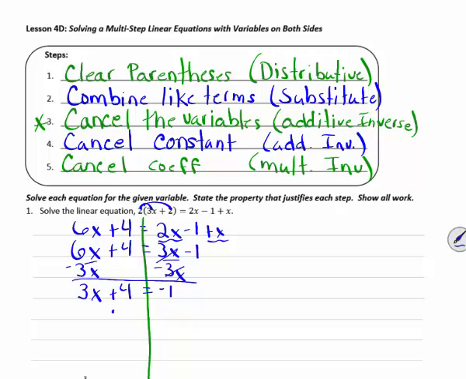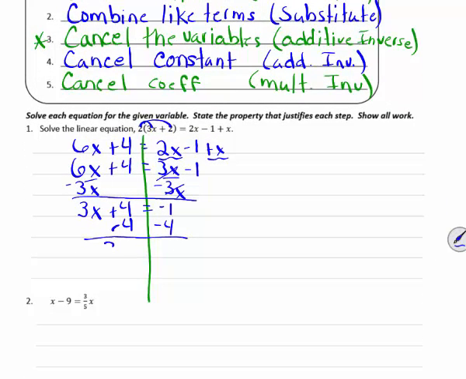Now I'm going to cancel my constant by subtracting 4. So 3x is going to give me negative 1 minus 4 is negative 5. Divide both sides by 3. So x is negative 5/3.